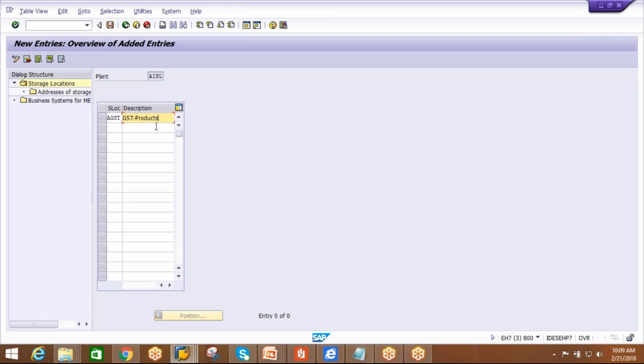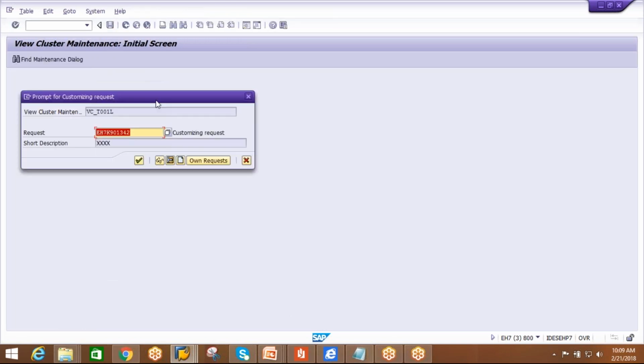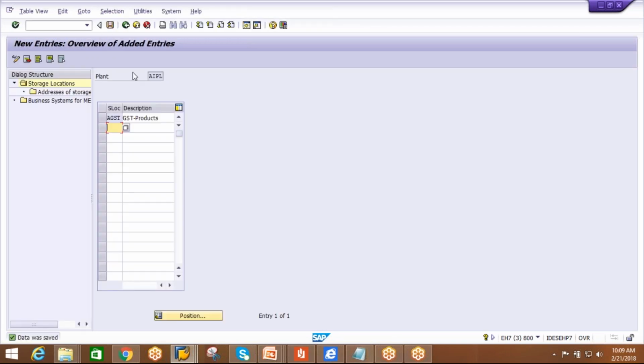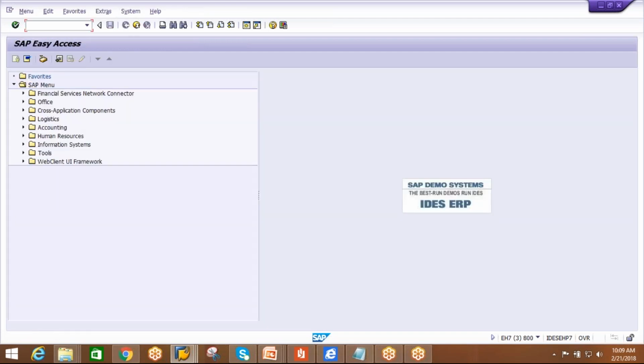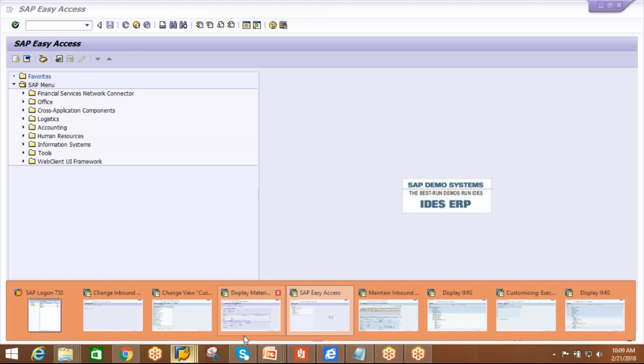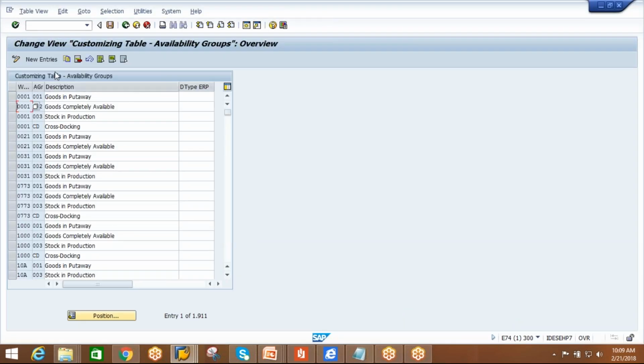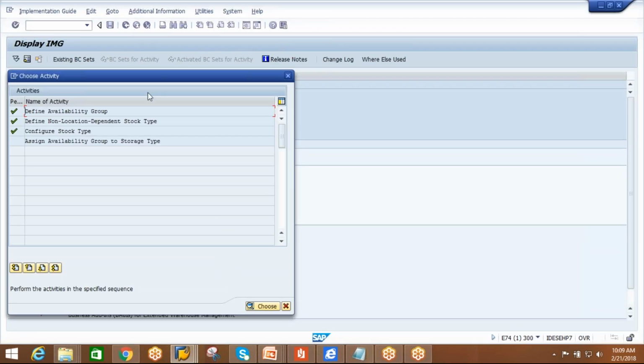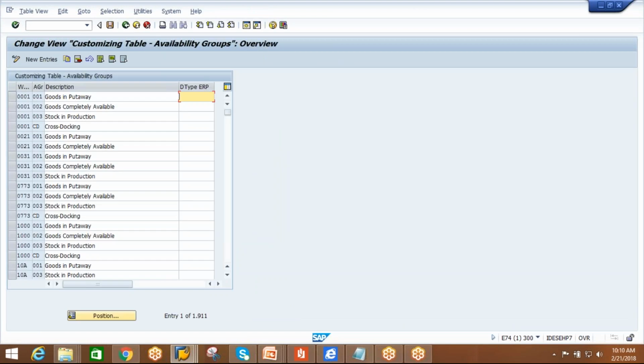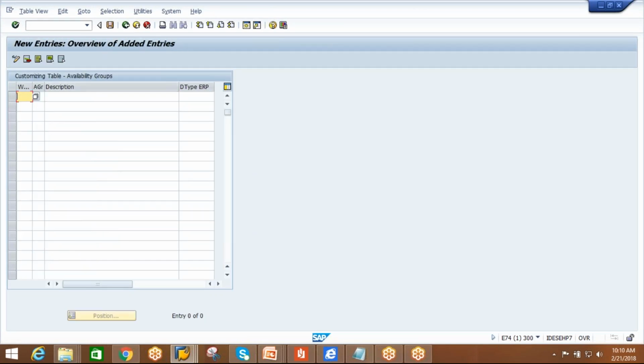I want to keep GST products in one separate storage location. Assume that in the warehouse also I want to map GST products in a separate storage type, GST. Go to EWM, define availability group, new entries.